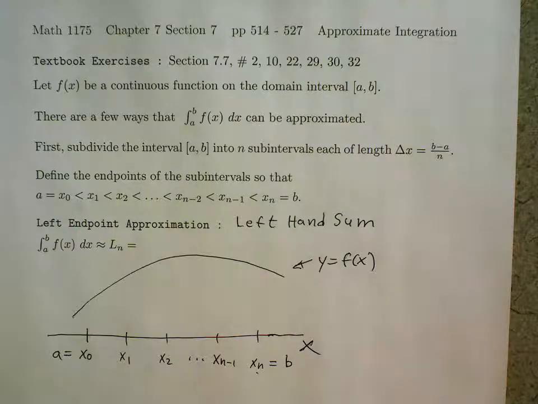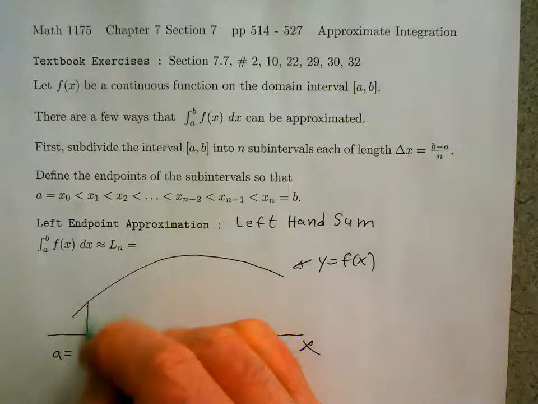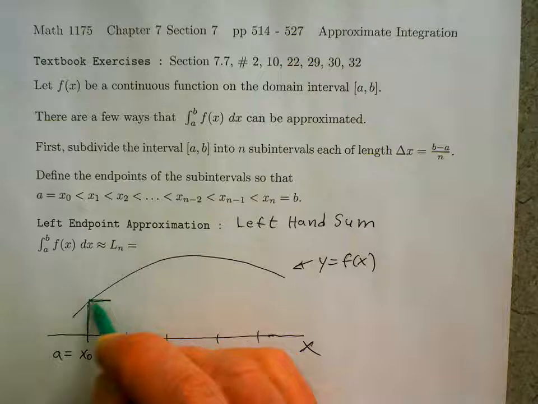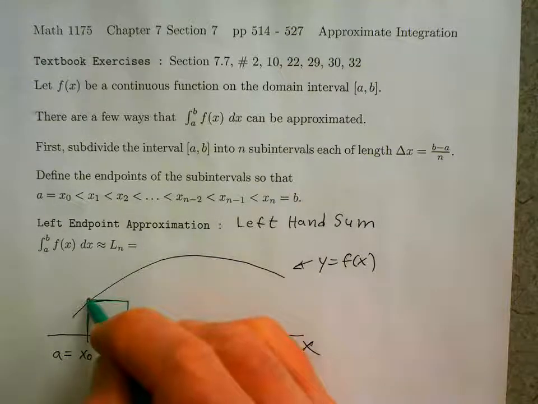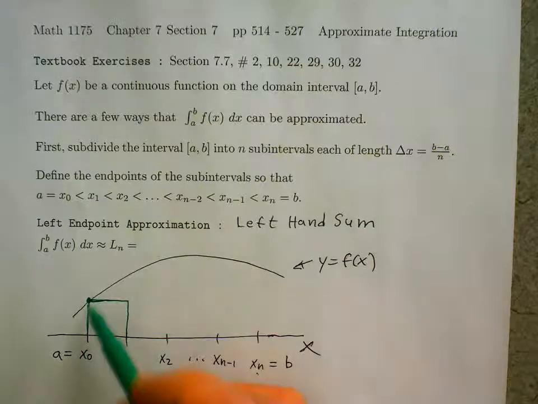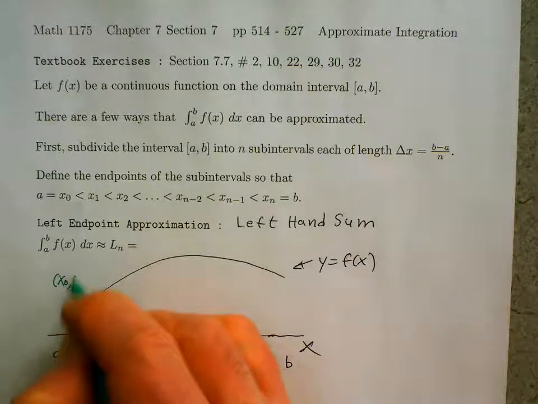So using a left-hand sum, we construct rectangles, and the height of the rectangle is determined by the left endpoint. So this ordered pair is x sub 0, f of x sub 0.